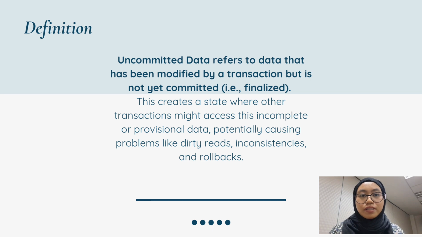In other words, uncommitted data also refers to data that has been modified by a transaction but is not yet committed. This creates a state where other transactions might access this incomplete or provisional data, potentially causing problems like dirty reads, inconsistencies and rollbacks.